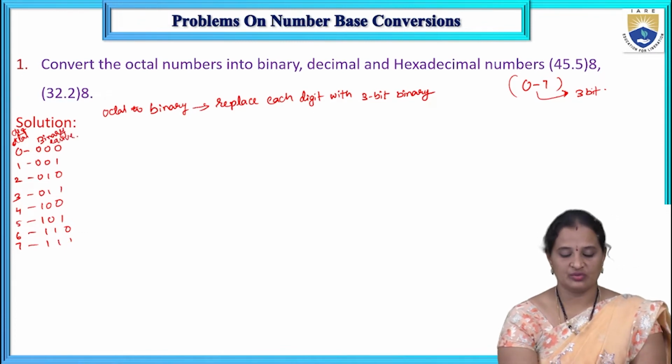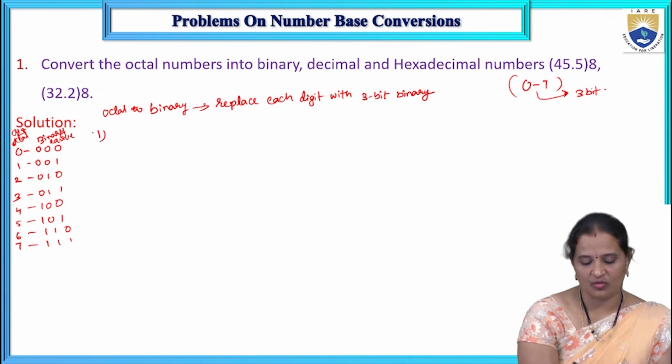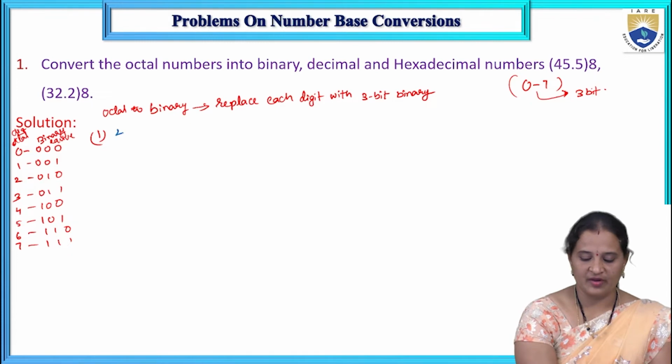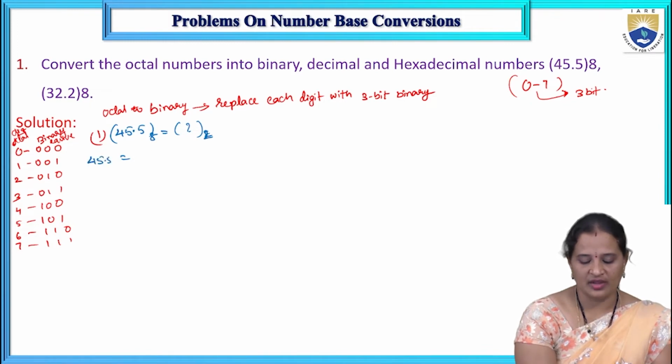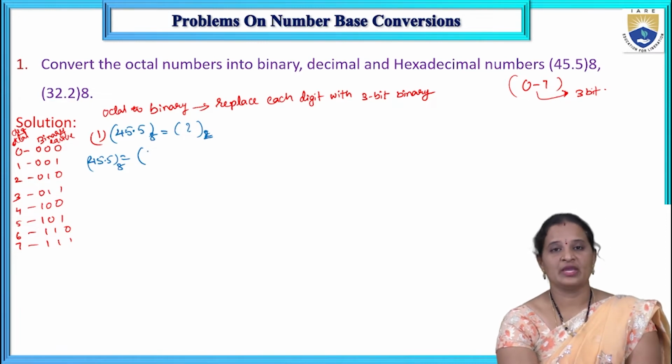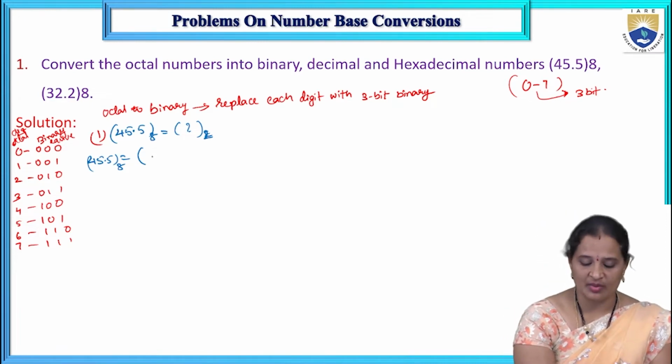Now I'm taking the first problem, that is 45.5 base 8. I want to convert this into its equivalent binary. Each digit of the octal number should be replaced with its 3-bit binary equivalent.